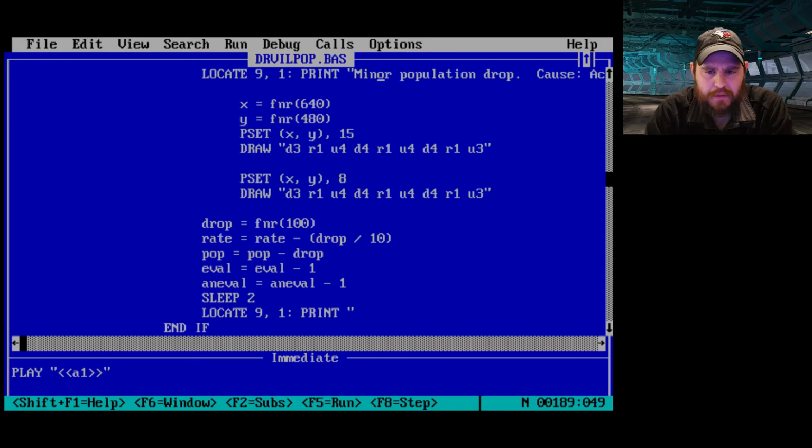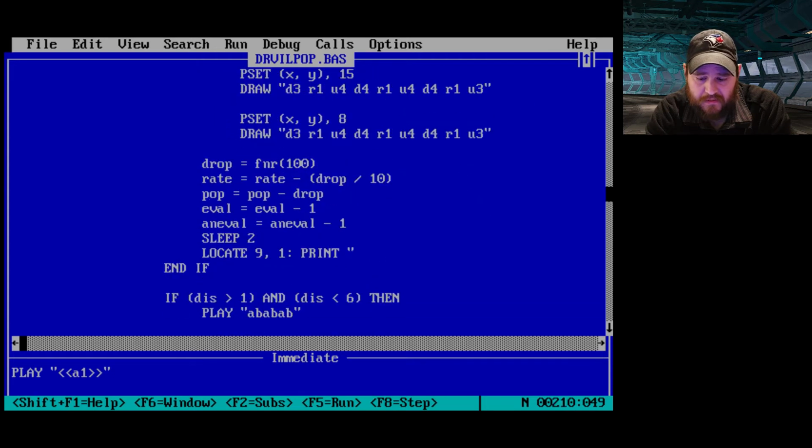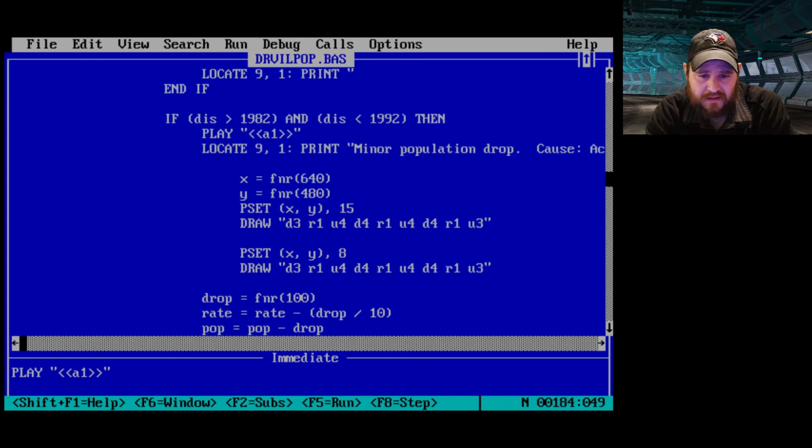We had a minor population drop, basically 10 values. It's more like 8. Again, every 500 years. Which, I don't know, it seemed to happen a lot more than every 500 years. Did I do that right?